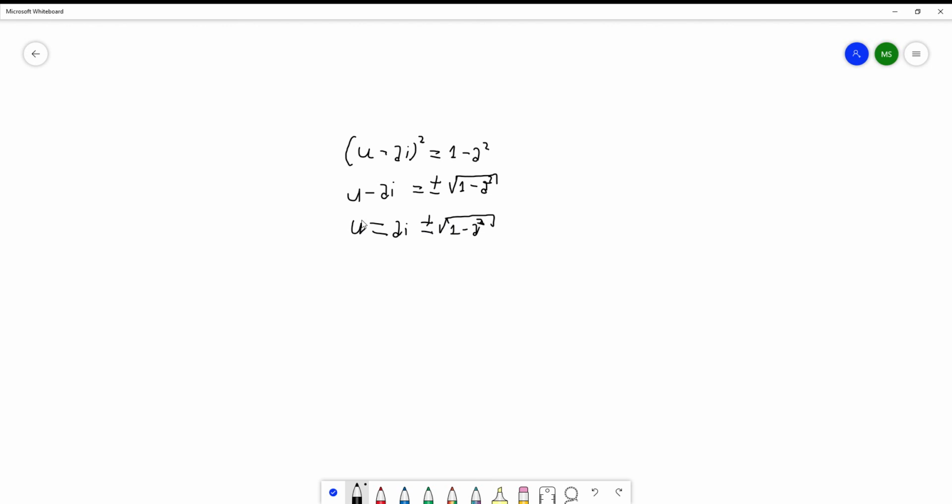Now remember, u was e to the i theta. So e to the i theta is ai plus or minus the square root of 1 minus a squared.